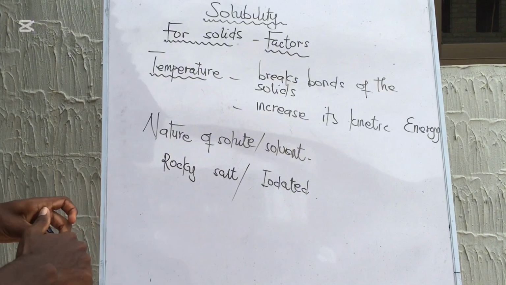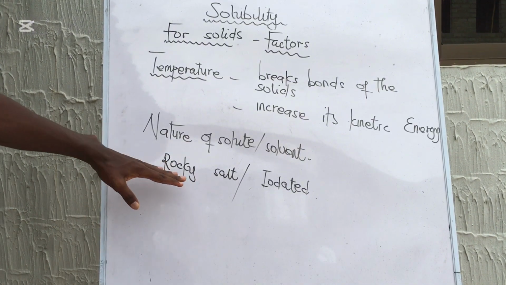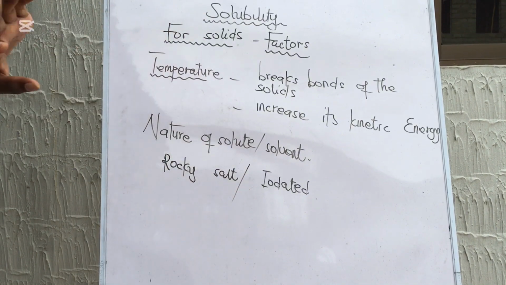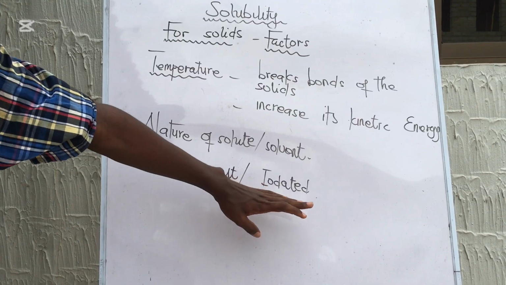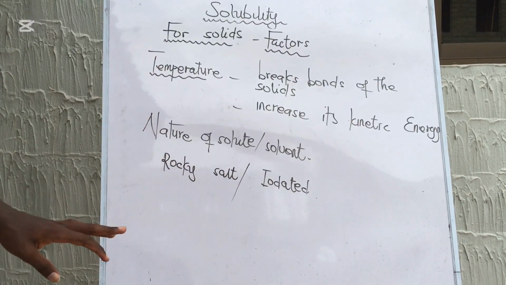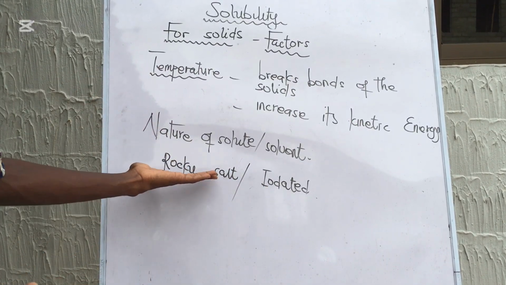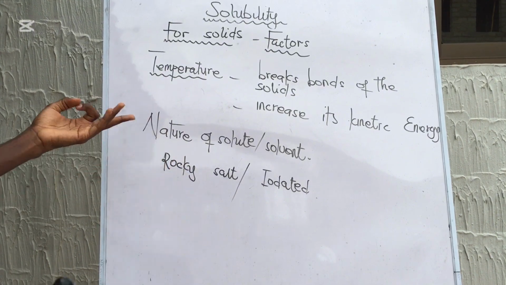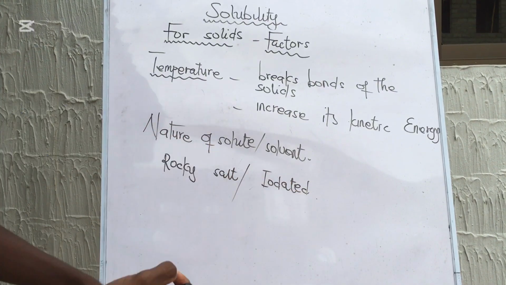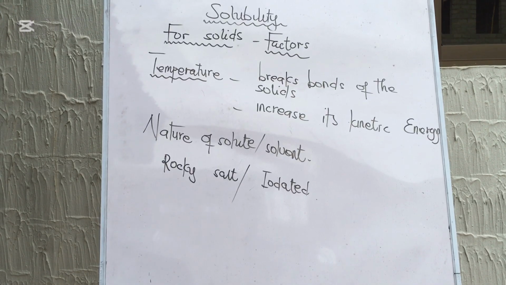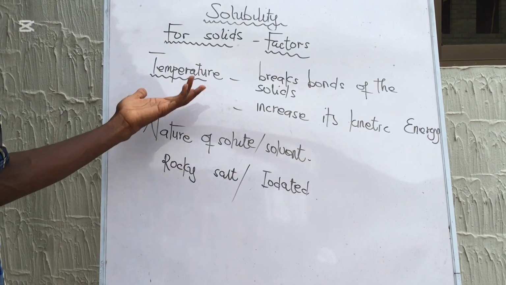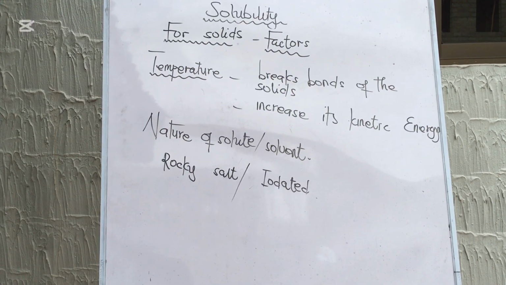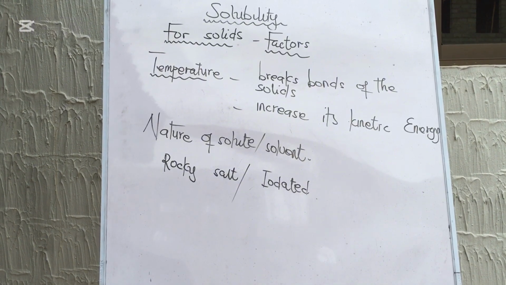If you have these two dissolving in a solution, this does not actually affect the solubility. But all I want you to know is that the iodated salt will dissolve faster as compared to the rocky salt. It will take a lot of time for the bonds in the rocky salt to be broken down. So the greater the surface area of these solids, the faster its solubility.